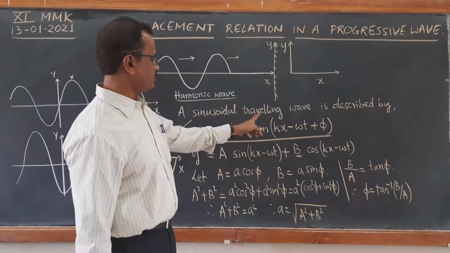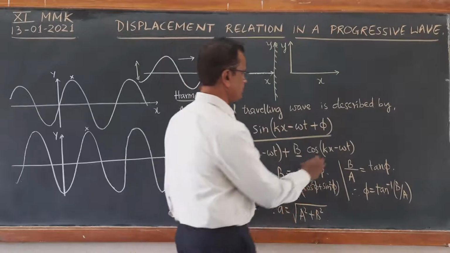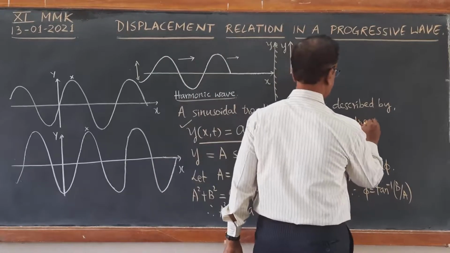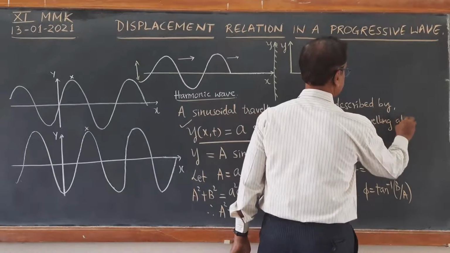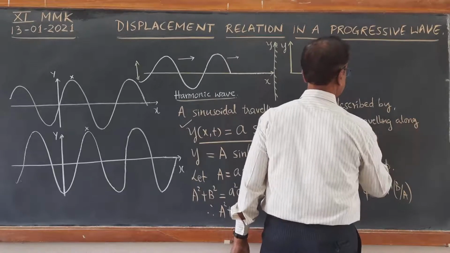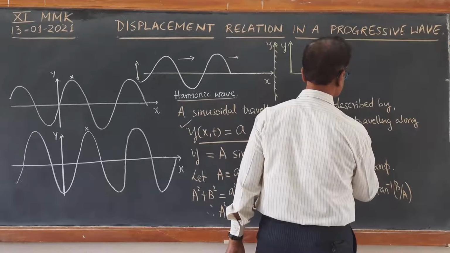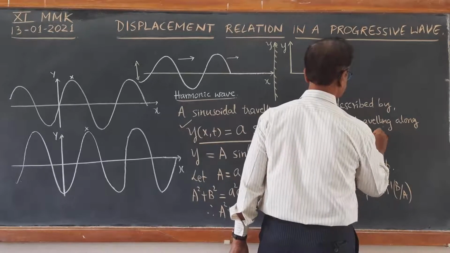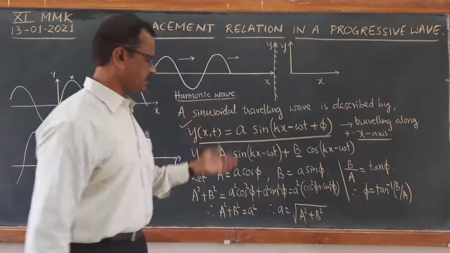A sinusoidal traveling wave is described by this equation. This is traveling along the positive x-axis. How is it? We'll see a little later.